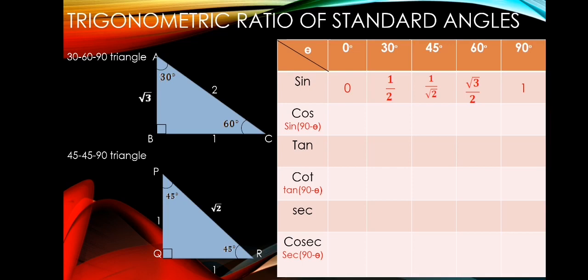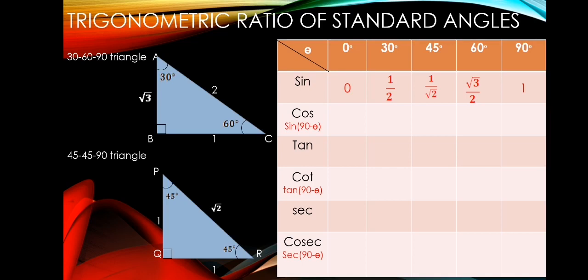Now cos theta. We know that cos theta will be sine of its complementary angle. So if we put theta is equal to 0, cos 0 will be sine 90 minus 0, that is sine 90.